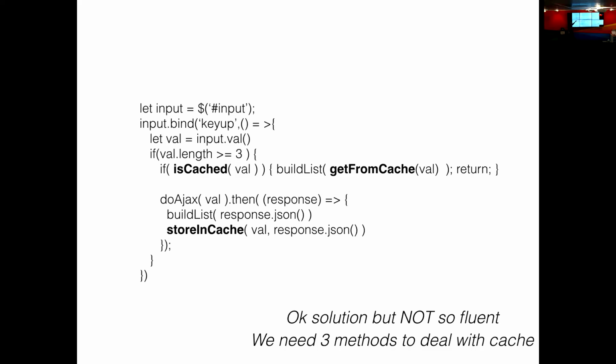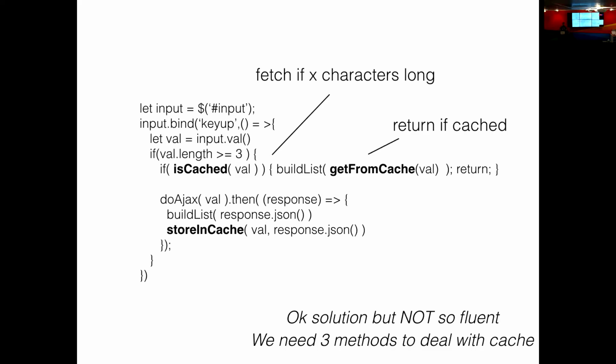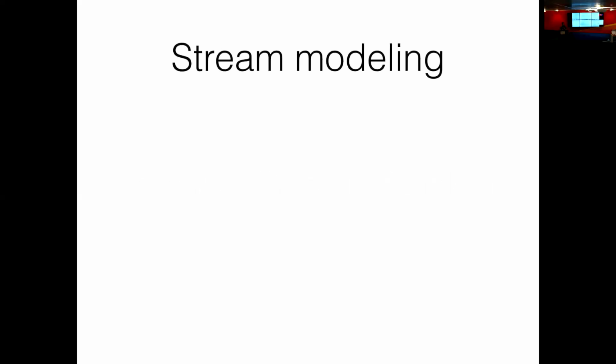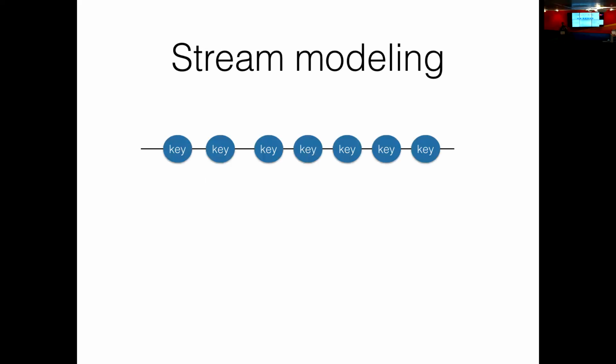If there's nothing cached, then we do the Ajax. This is still readable, but it doesn't look as elegant as it could. So fetch if X characters long, return if cached, and do an Ajax if not cached. Makes sense, right?